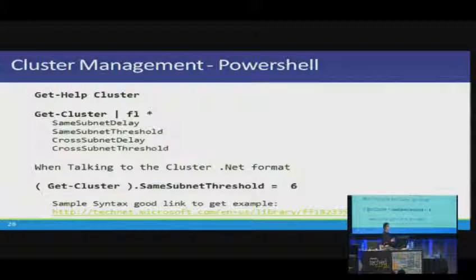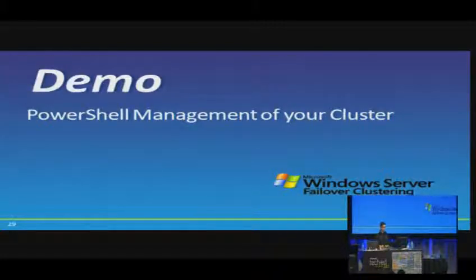But when you want to change values of the things you get from Get-Cluster, you can't just do Set-Cluster. You have to use more of the .NET format, and I'll show you what that is as well. This is a nice little TechNet article which goes through the example of how to run that command right up there. So let's pop over to the demo here.